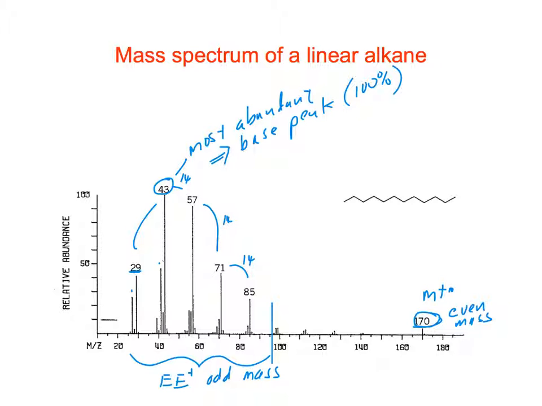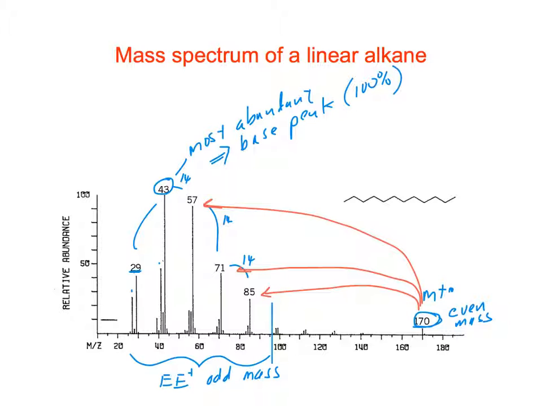Most of these ions are formed from the molecular ion fragmenting to give two pieces: one is a radical, one is an even electron ion. It doesn't usually go from one ion and then lose another 14 and another 14; we're cleaving at different points along the chain.